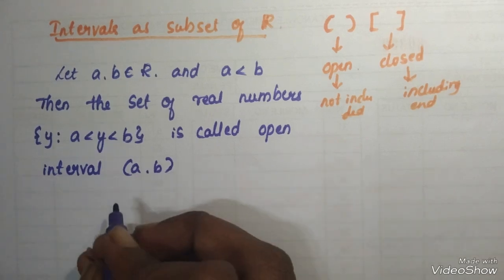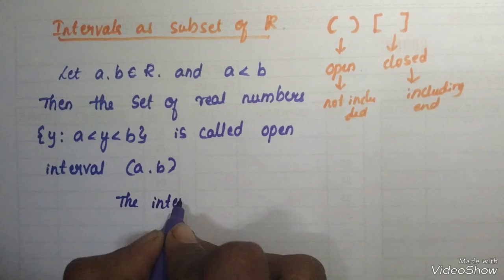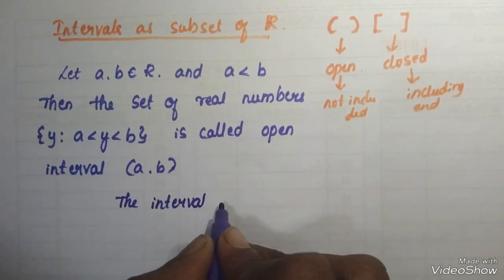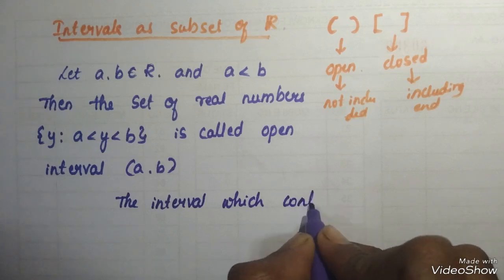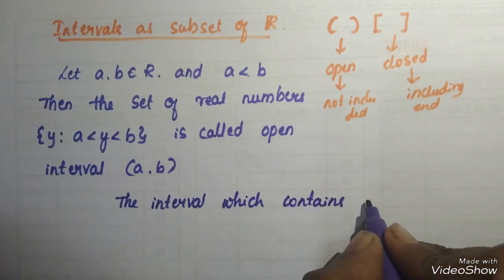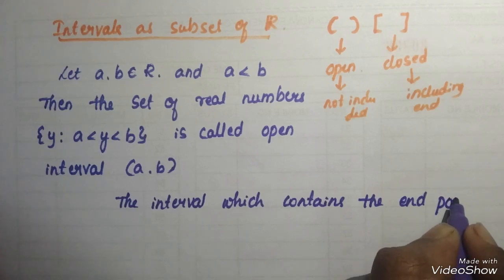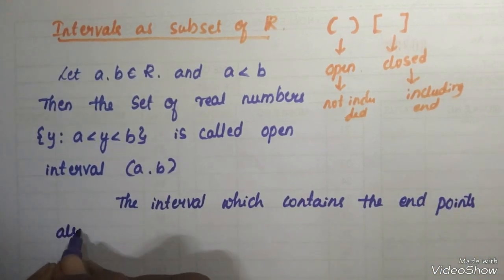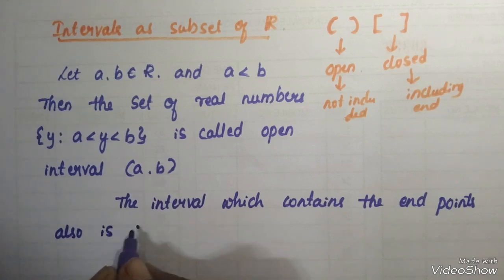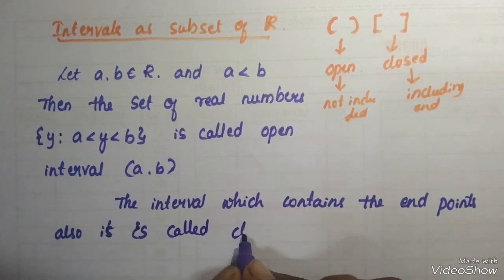Then the interval which contains the endpoints is called a closed interval.